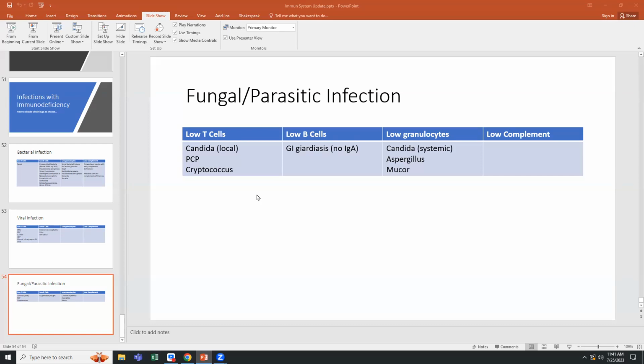Atopic dermatitis compared to anaphylaxis: yes, both of them cause a type 1 hypersensitivity. Hyperacute transplant rejection. Yes, the assembly gets confused about all of them and says all of them are everything. Complement, I talked about that.